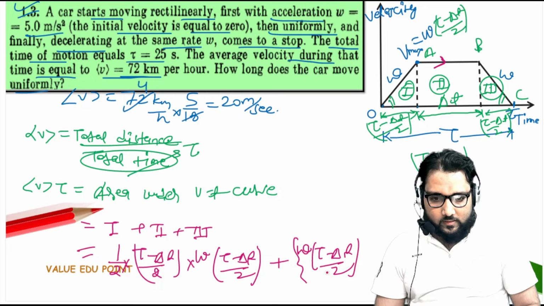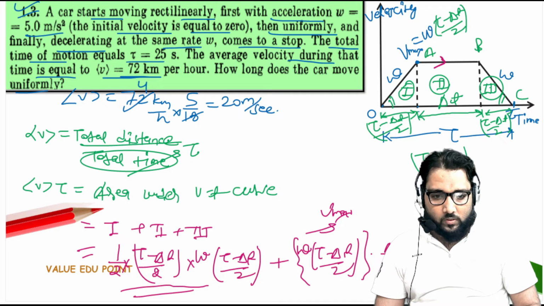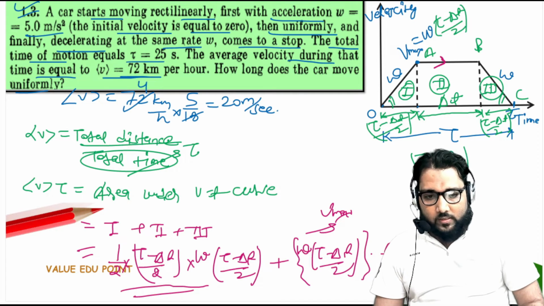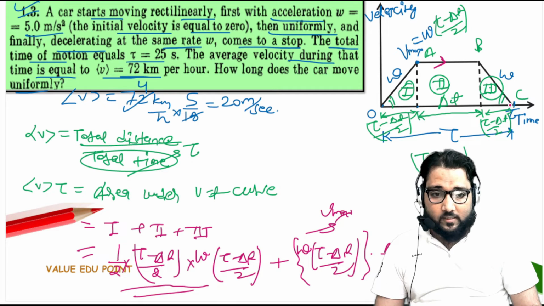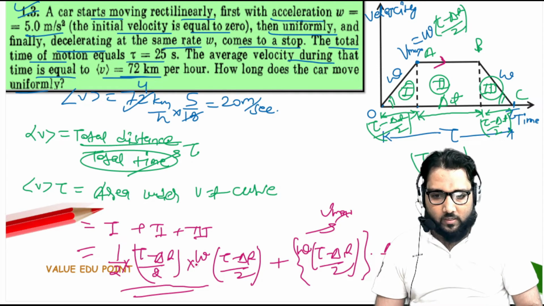This is the velocity, guys, Vmax, and the time is delta t. And the third portion will be the same as this portion, so I'm directly writing omega by 2. In some students' minds, one question will arise: this is decelerating, so minus omega will come. But remember this, guys, when we are calculating distance, we take the modulus of these areas. So I am writing directly omega by 2 into tau minus delta t by 2 whole square.